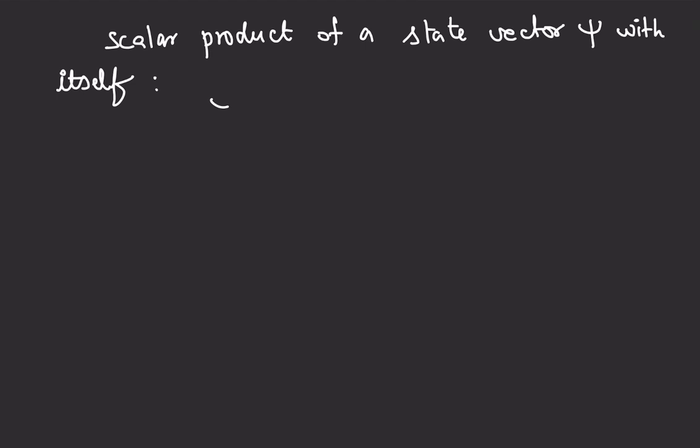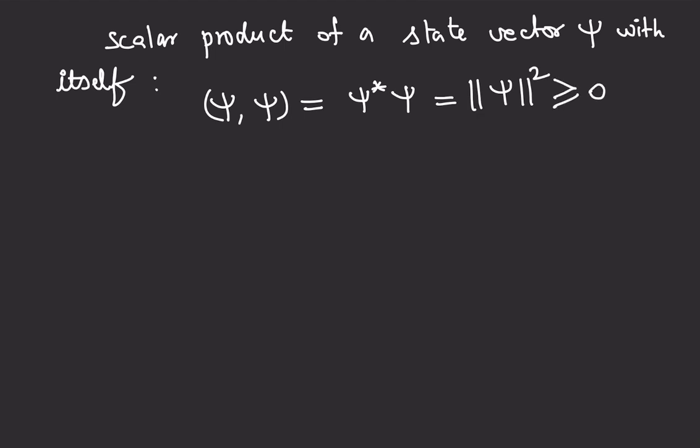That is, the scalar product of psi with psi is psi star psi, which equals the norm of psi squared, which is always greater than or equal to 0, where equality holds only for psi equal to 0.